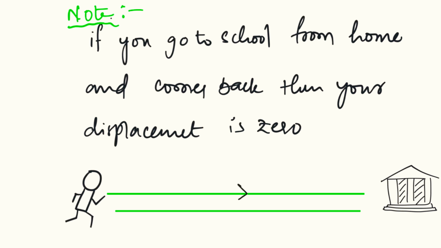If you go to school and come back, the total displacement would become 0 because it's a vector quantity. There is one vector in the positive x direction and there is another vector in the negative x direction. So that's the reason your total displacement would become 0. If you start from a point and then come back to the same point, then the displacement is 0. So this is the interesting point about displacement.